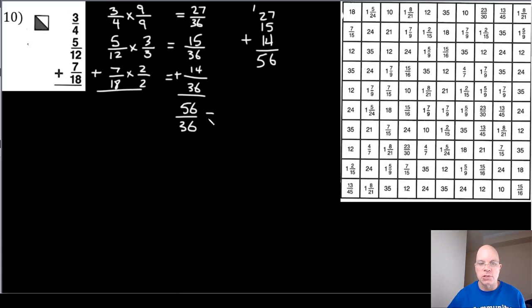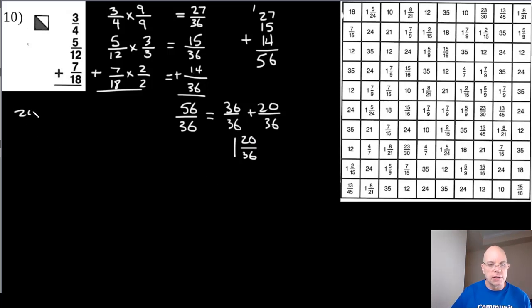So first I'm going to turn this into a mixed number by taking away 1 whole, which would be 36/36. And if I take 36/36 from 56/36, that would leave me with 20/36. So that's 1 and 20/36. Because we see some of these solutions are given as mixed numbers, but you're still not going to find that solution yet because 20/36 can be simplified.